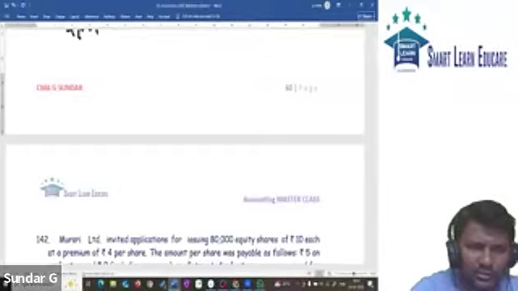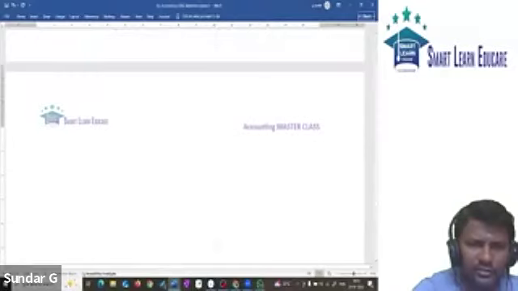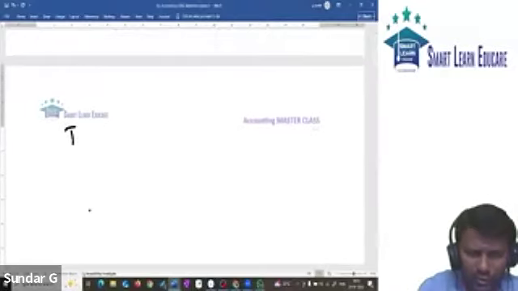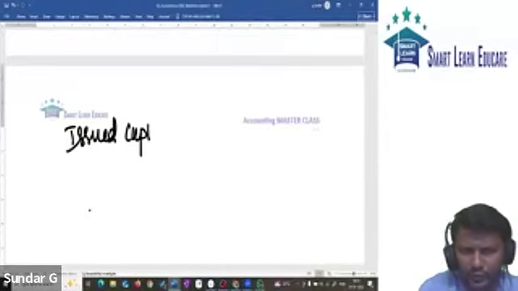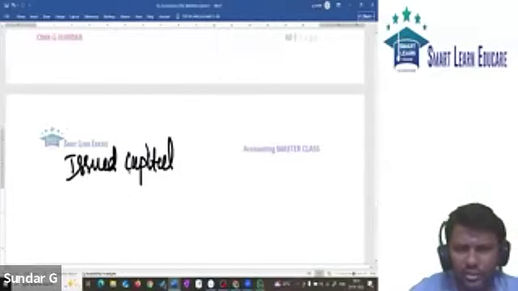Authorized capital is over. Next, issued capital. It is how much is issued to the public.